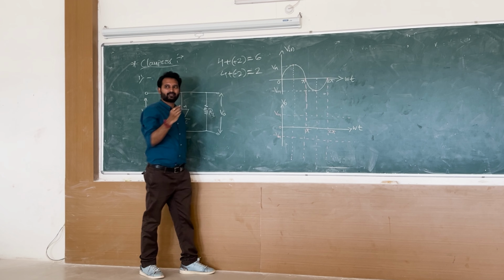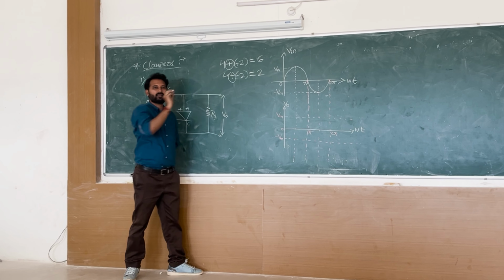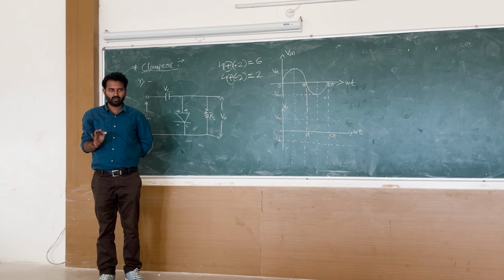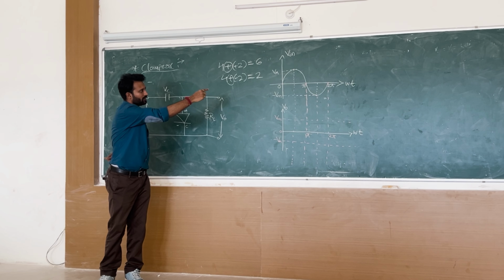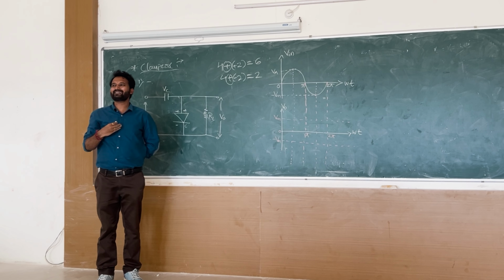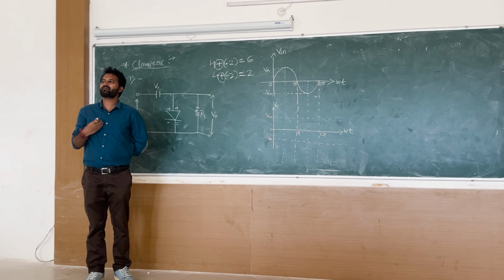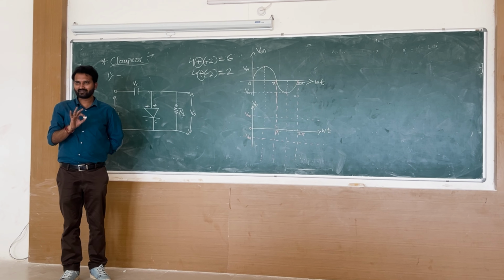What I am saying is that we are adding a certain DC level; we are not subtracting. We are adding a certain amount of DC level to your AC input to get a desirable output, which may be any kind of output as per the user requirement.